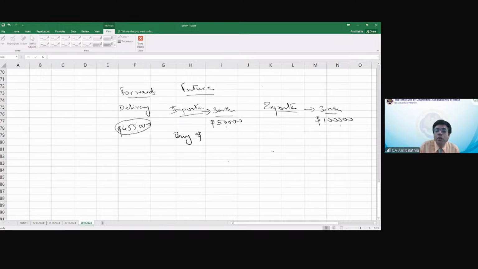So in that case, are you going to buy a future dollar contract or sell a future dollar contract? Sell. You are going to sell, right? You will need to sell because I am going to receive dollars, right? So I am going to essentially sell.